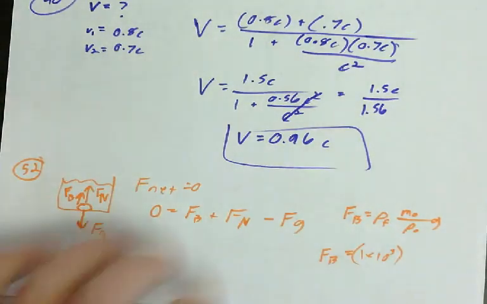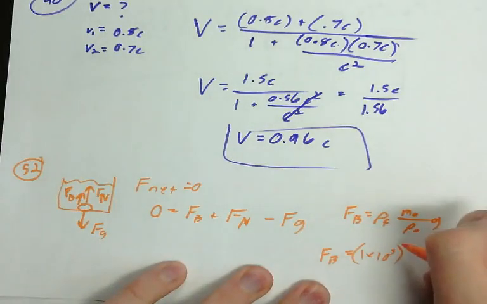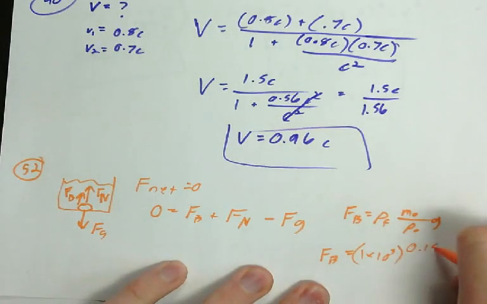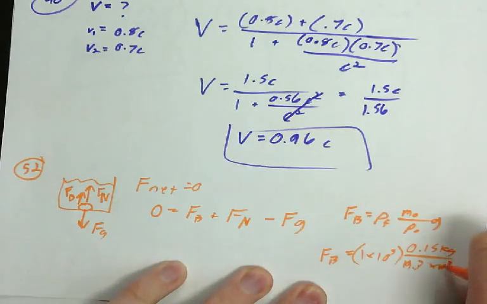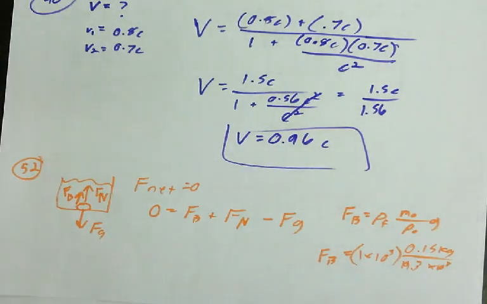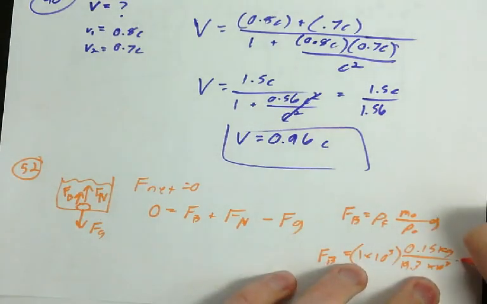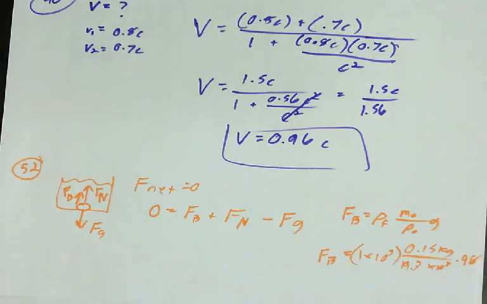Then we put the mass of the object, which is 0.15 kilograms, divided by the density of the object, 19.3, and multiplied by 9.8. So take a minute, plug it in, see if you can get the answer.